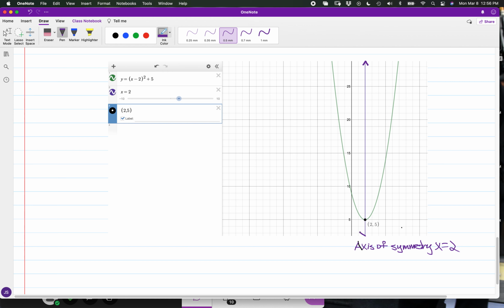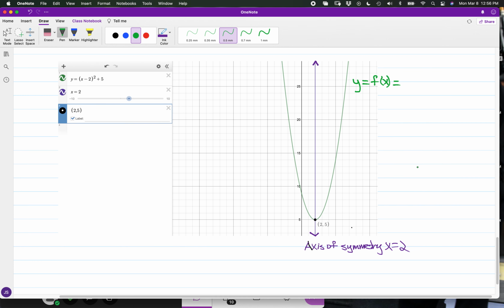In other words, it divides up the graph of the function into 2 equal halves. For what I have in green, y is equal to f of x is equal to the square of x minus 2 followed by the addition of 5.